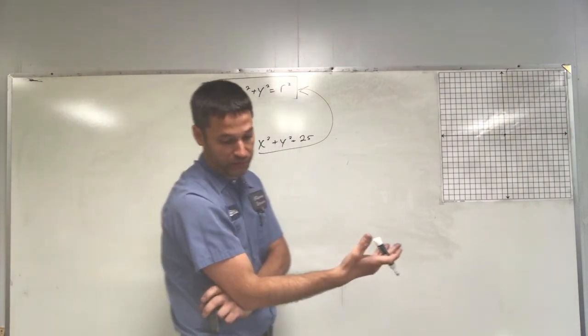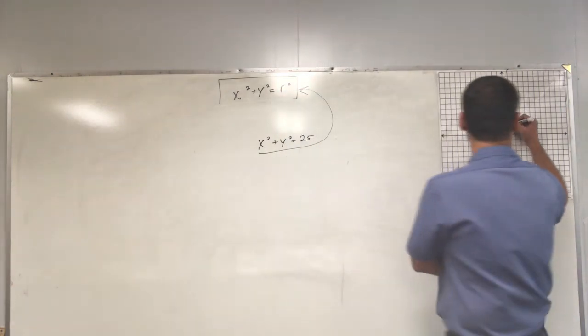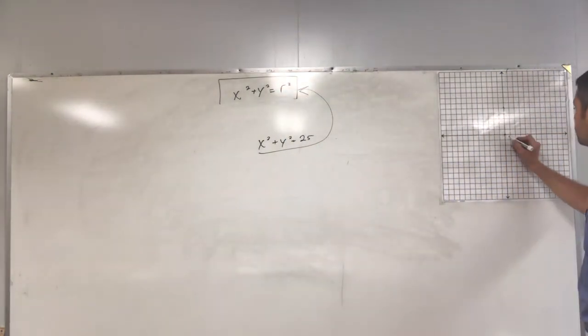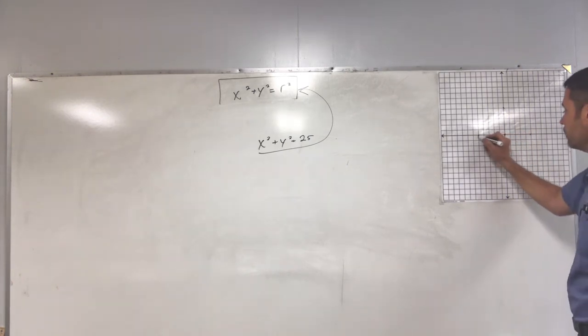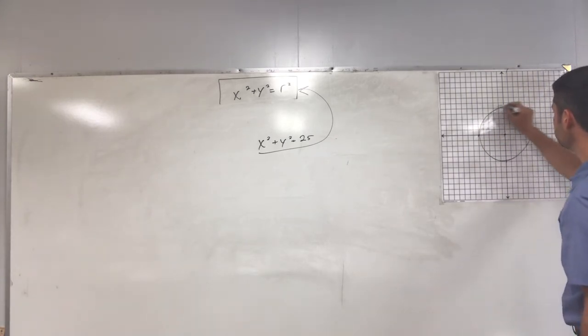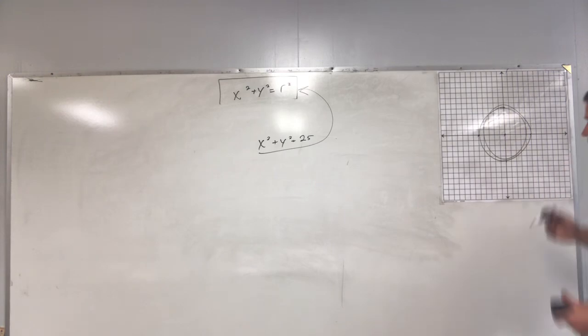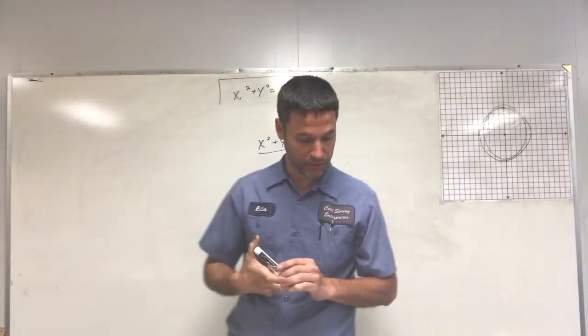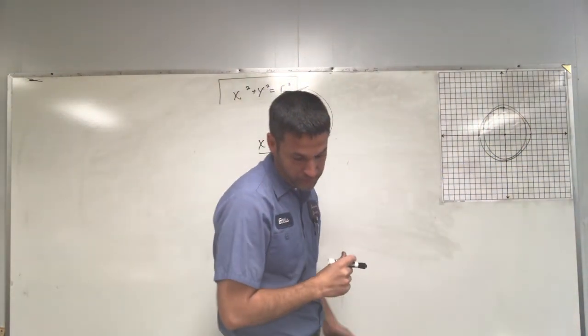So the radius is 5 in the circle centered at the origin. Just count up 5. 1, 2, 3, 4, 5 right here, and get your compass. Just estimate, but you put these 5 markers out here and just draw a circle as best you can. And that, just draw one circle. But anyway, that's the graph.